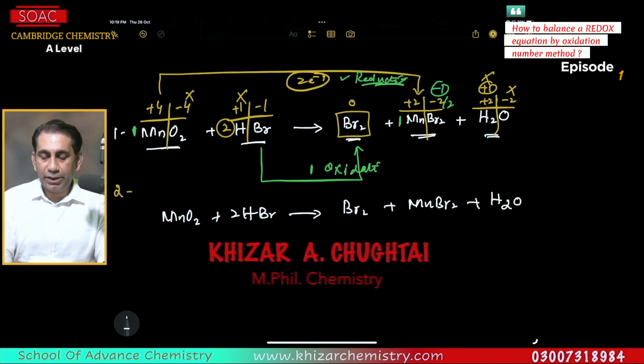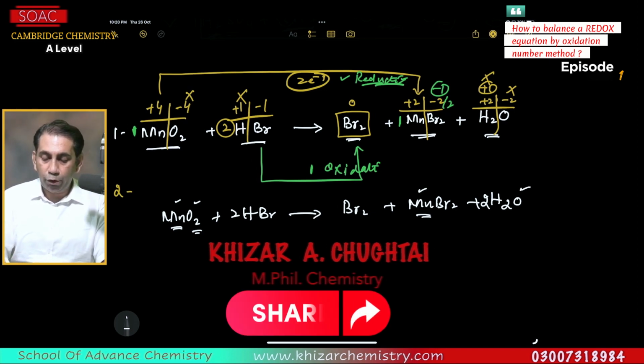Let me balance this equation manually. 1 Mn, 1 manganese, and 2 oxygen, but here is 1 oxygen, so I'm going to multiply it by 2 over here. So manganese, the first element, is balanced. Manganese is balanced, oxygen is balanced.